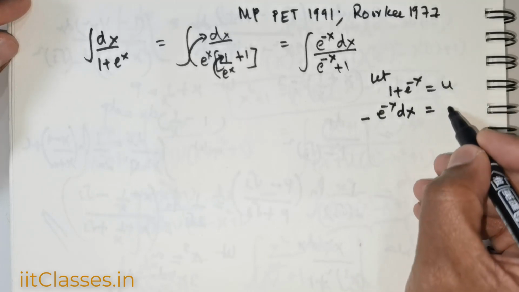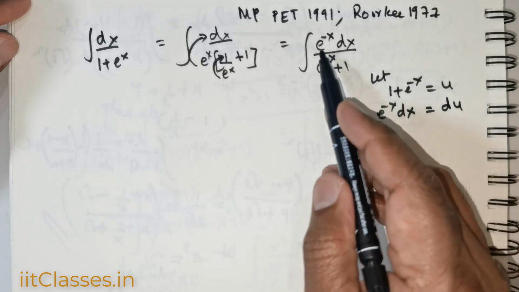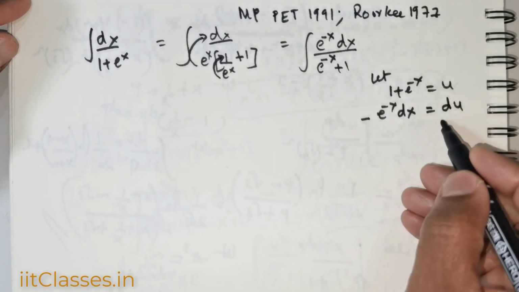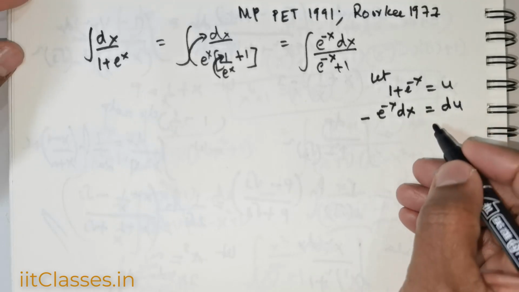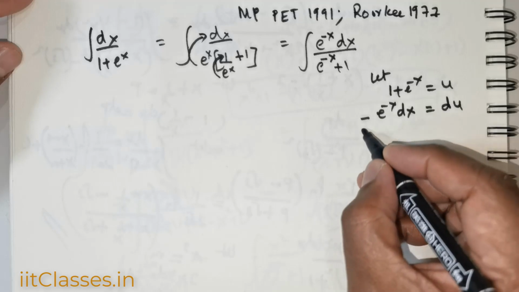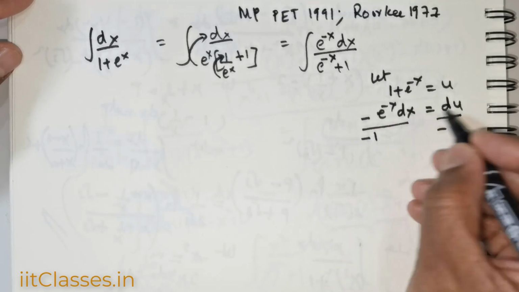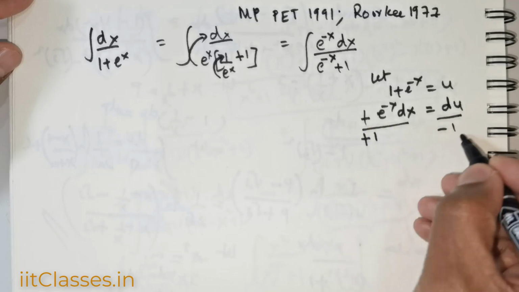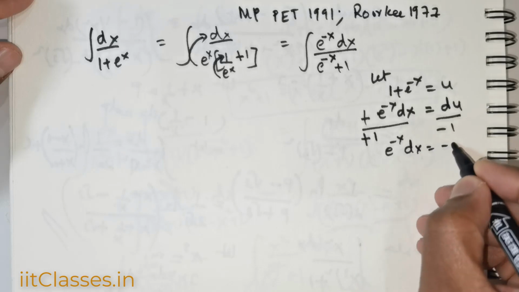On the right hand side, the differential of u is du. I have e raised to the power of negative x dx, but I don't have a negative sign, so push this negative sign to the other side. When I say push it to the other side, I'm actually dividing by negative 1 on both sides. So this will become positive and this will become negative. So e raised to the power of negative x dx is equal to negative du.